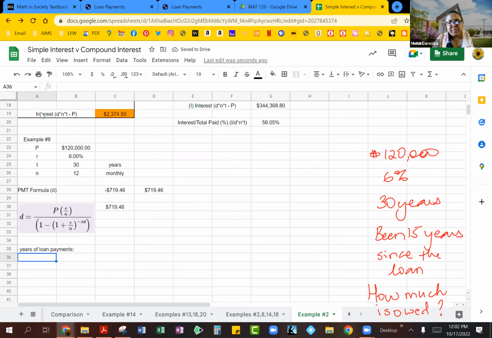So now you're going to be using the present value formula. Remember, this is going to be PV. Again, you start out the same way.